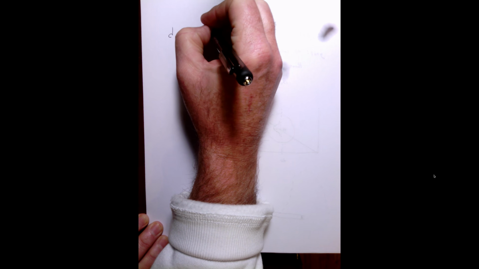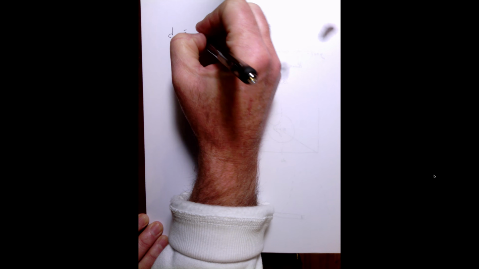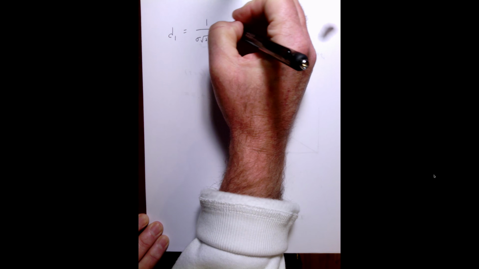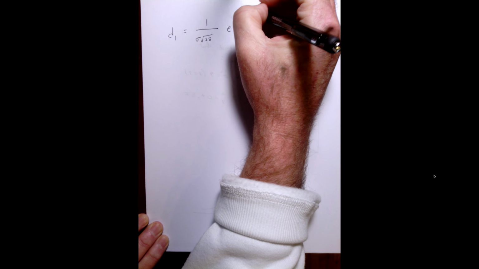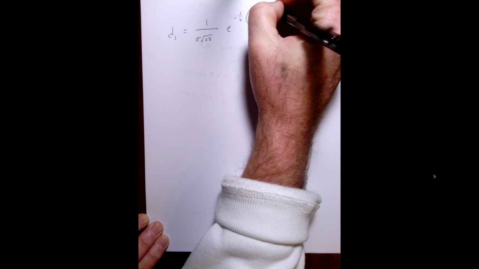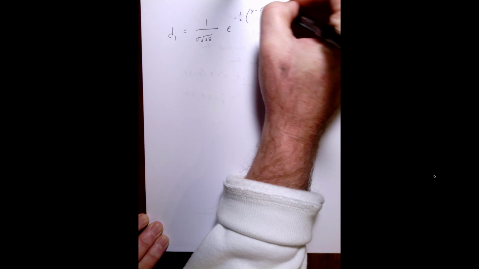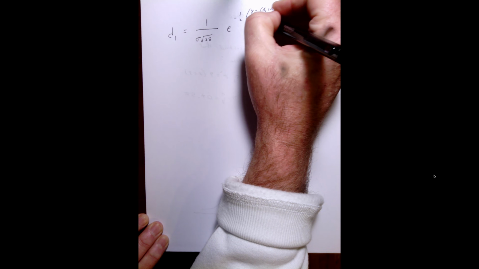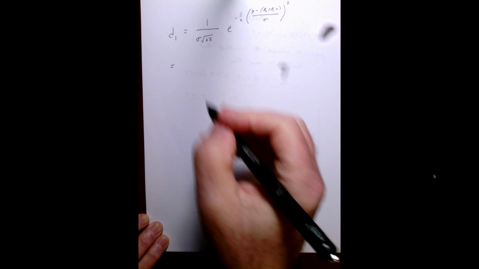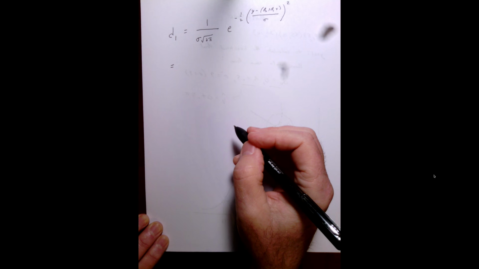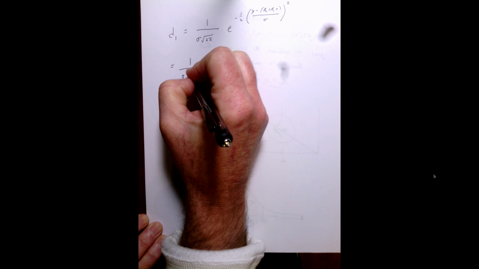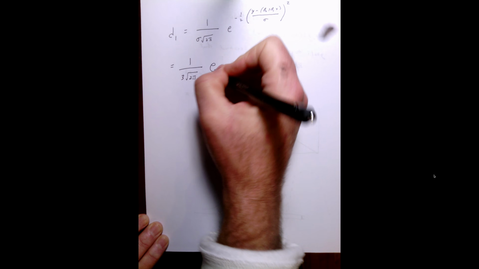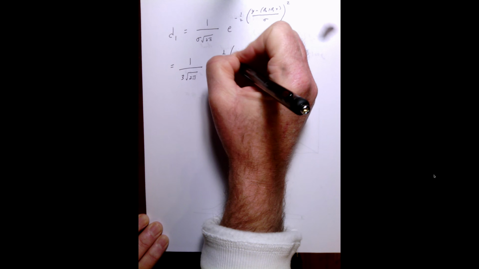We can calculate a density by 1 over sigma square root of 2 pi, times e to the negative 1/2 times the quantity y minus beta 0 plus beta 1 x, over sigma, squared, right? For this point, we're going to have a standard deviation of 3, square root of 2 pi, e to the minus 1/2.